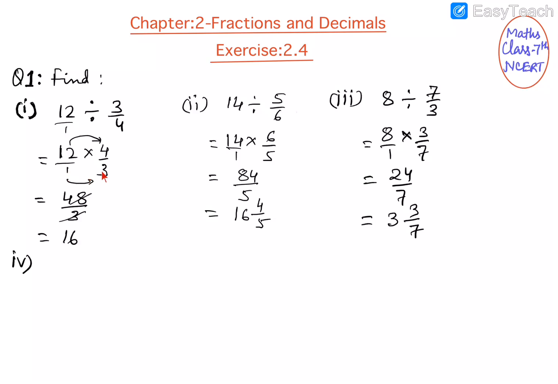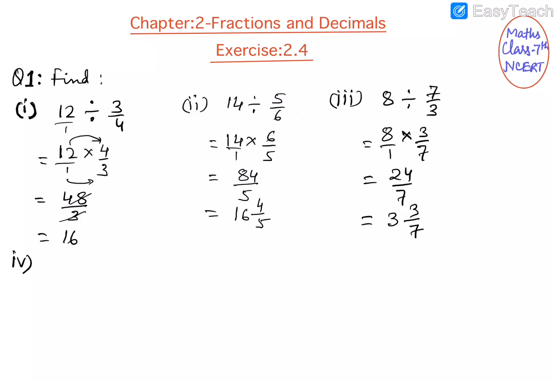So the product of 3 into 1 is 3. This is an improper fraction, which can be changed into a whole number or mixed fraction as the case may be. Here 48 divided by 3 gives 16. So when 12 is divided by 3 by 4, the result is 16.